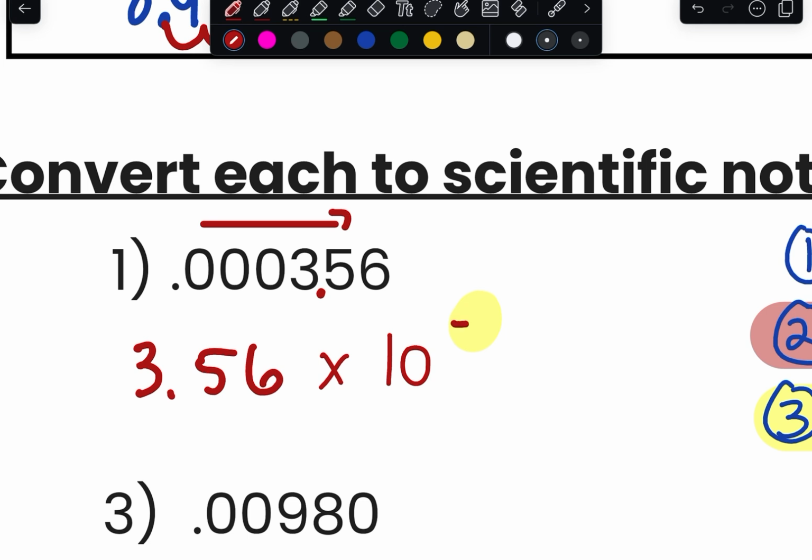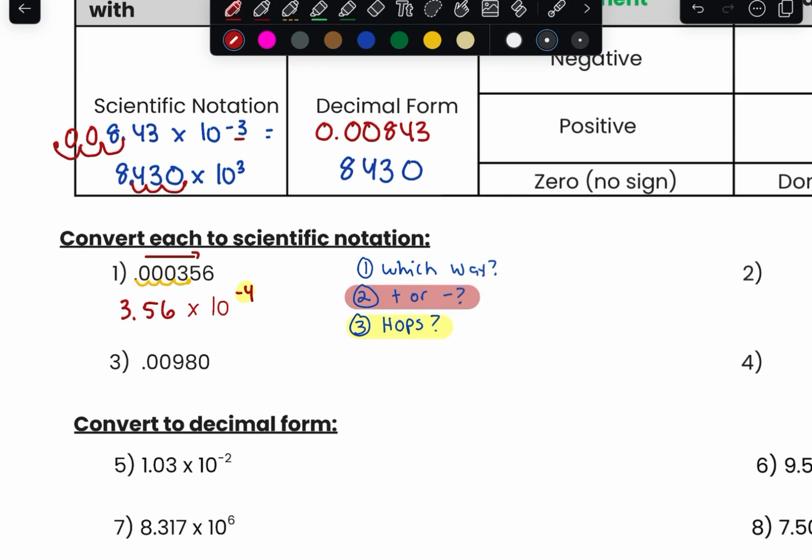Now, how many hops did I take to get my new decimal? 1, 2, 3, 4. That means I made 4 hops, which means my new number here is going to be to the negative 4th power. So that is number 1.